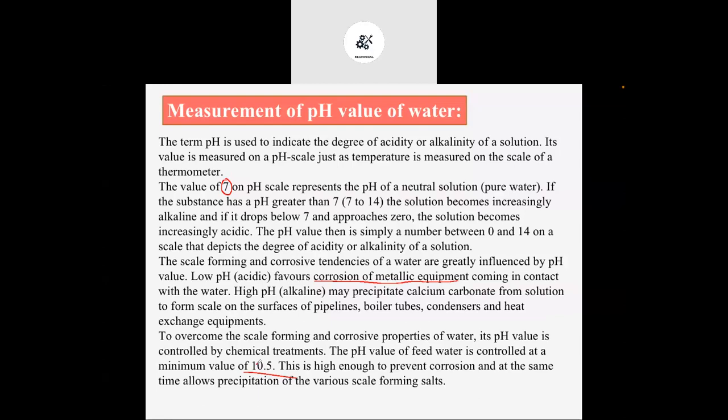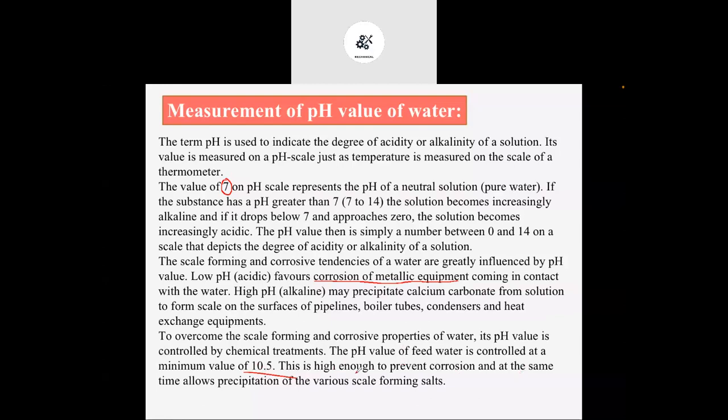So we are maintaining the pH value of that water up to 10.5, so the corrosion will be less. In that case, corrosion will be less, but the scaling problem will increase. Sometimes the precipitation of calcium carbonate will increase. So that's why we are not exceeding that value beyond 10.5, or beyond 11, 12 pH.